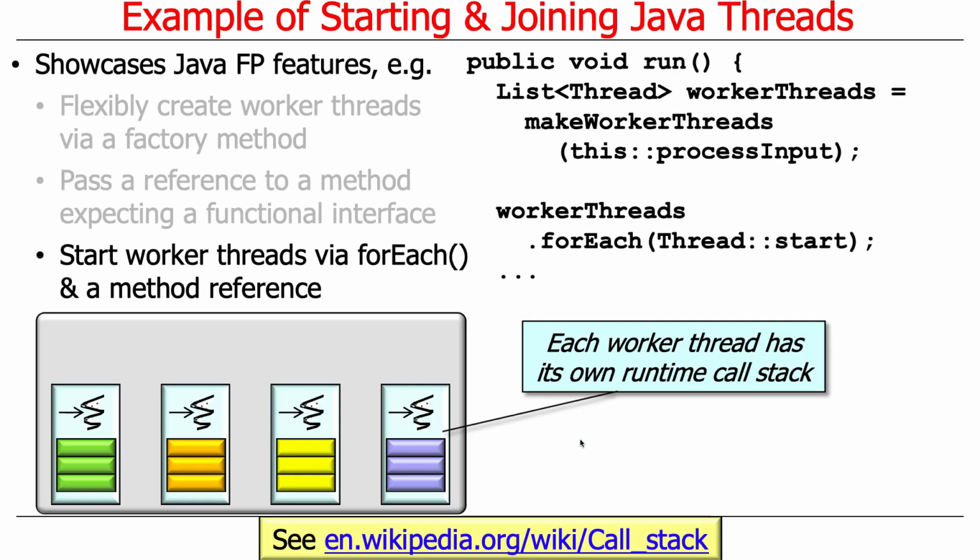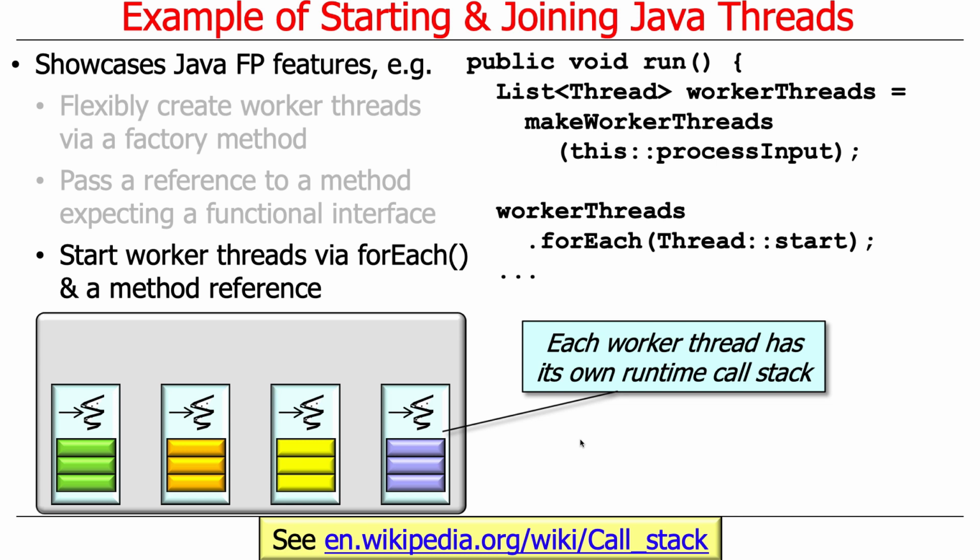Okay, so now when we call start on each thread we just created, then each of these worker threads will be given its own runtime stack with the stack of activation records we talked about, making a call stack, along with all the state that's associated with that. And then each of these threads can start to run in parallel, and they can do their thing.